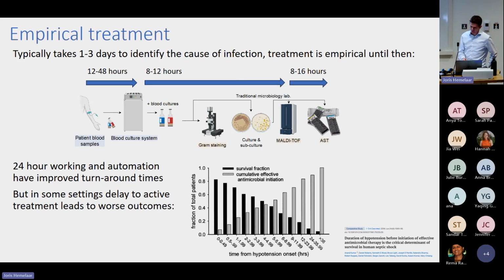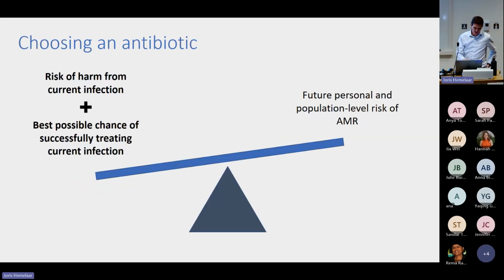But we also know, and this is a well-cited paper from a number of years ago, that where patients have really severe infection, in this case septic shock, for every hour that you delay giving treatment, the percentage of them who survive declines. And so we end up with this balance.